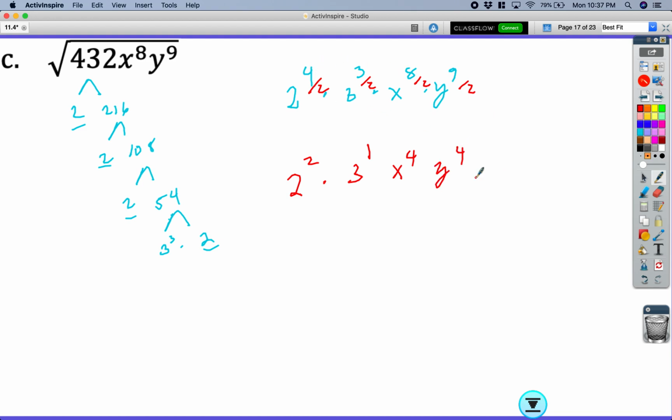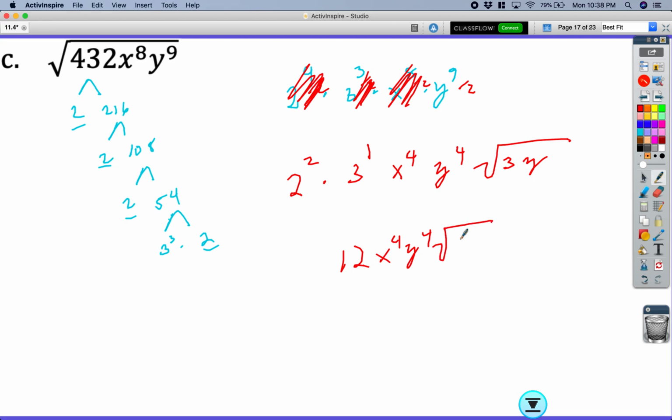Remember, I'm just looking at the whole numbers. So this had no remainders left over. This had 1 remainder left over, so I put the 3 on the inside. This x had no remainders, but this y did. Let's go and multiply the outside. 2 times 2 is 4 times 3 is 12. x to the fourth, y to the fourth, times 3 times square root of 3y.